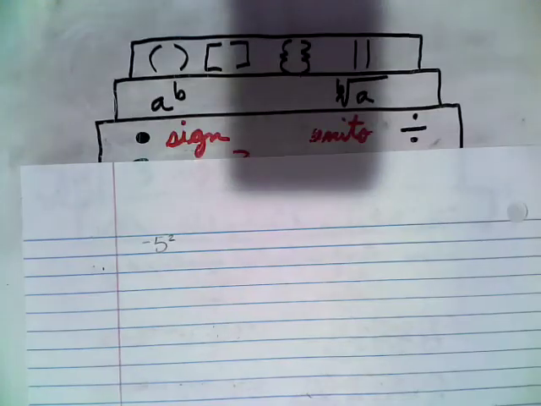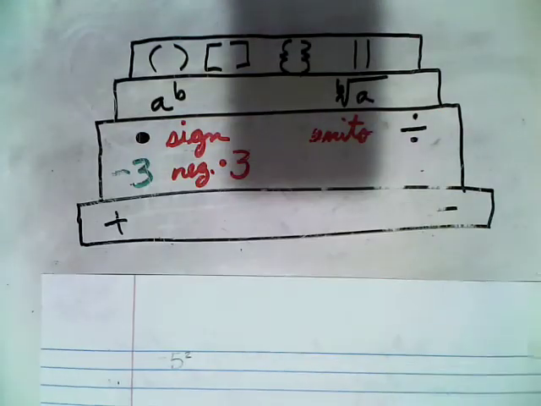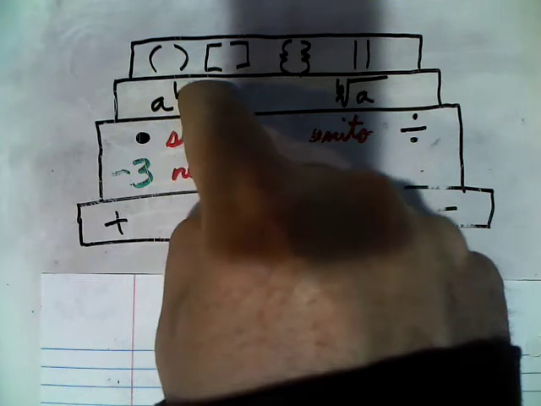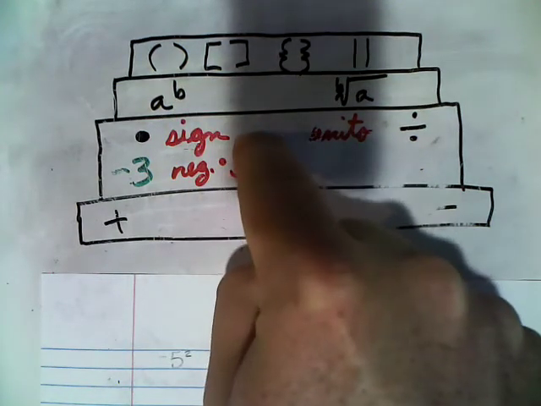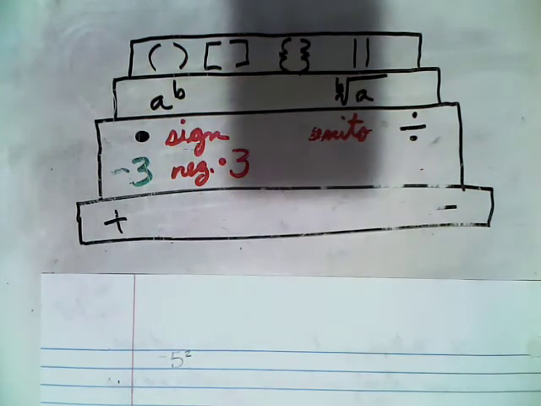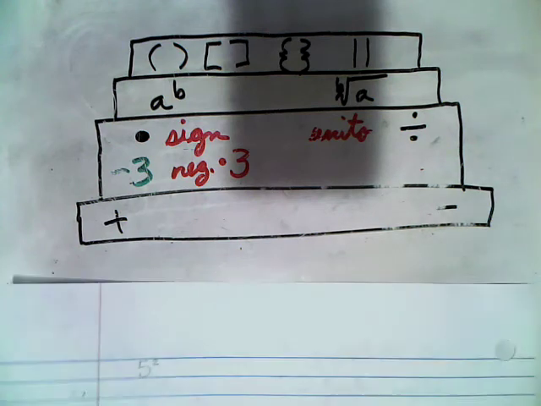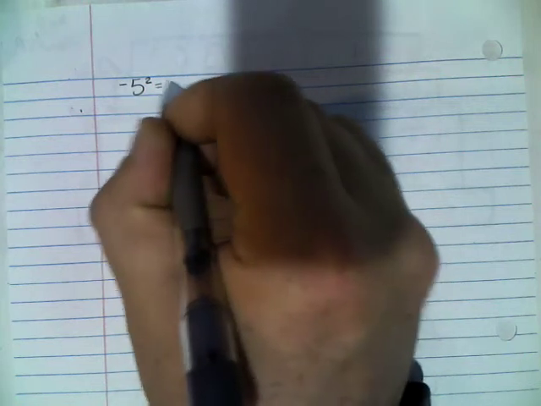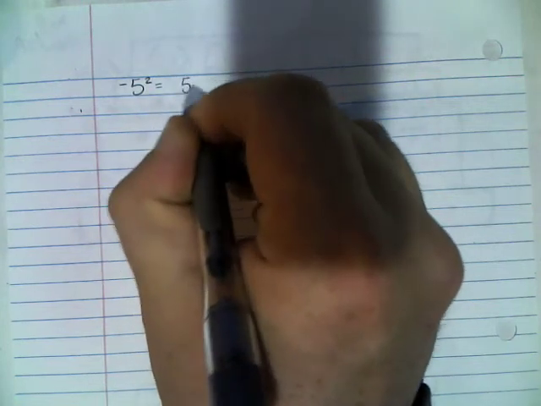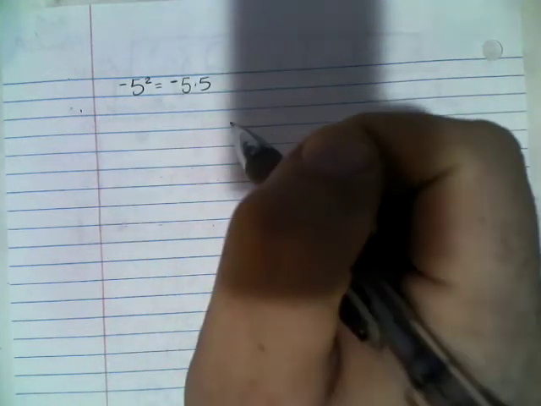Are you first going to do the exponent, or are you first going to make it negative? Well, if we follow the order of operations, the first thing that we've got to do is the exponent. So a negative 5 squared, written like this, would be 5 squared, which is 5 times 5, but then we need to make it negative.